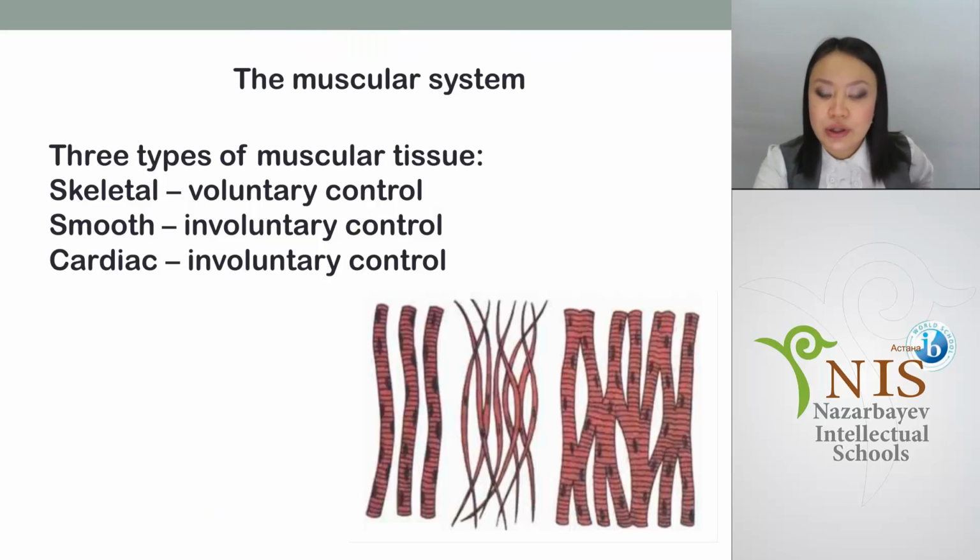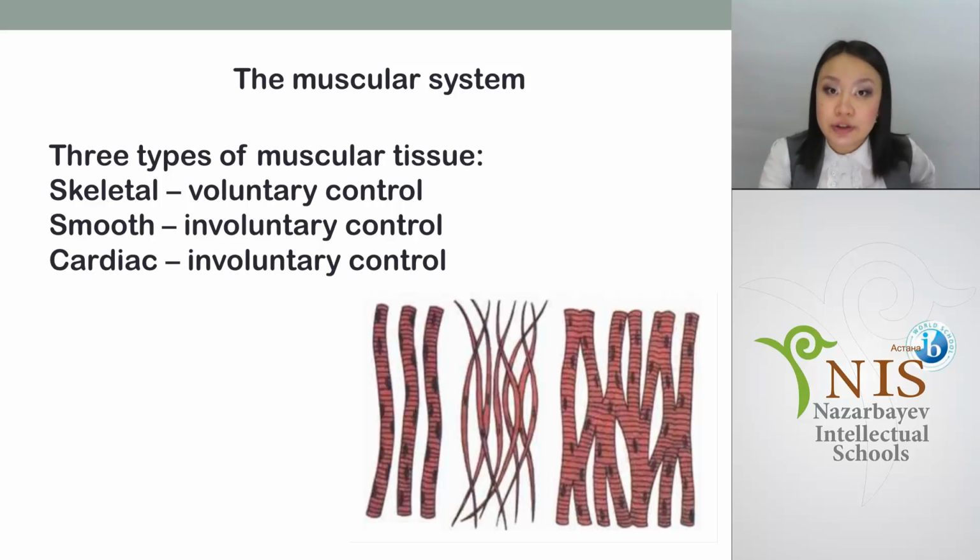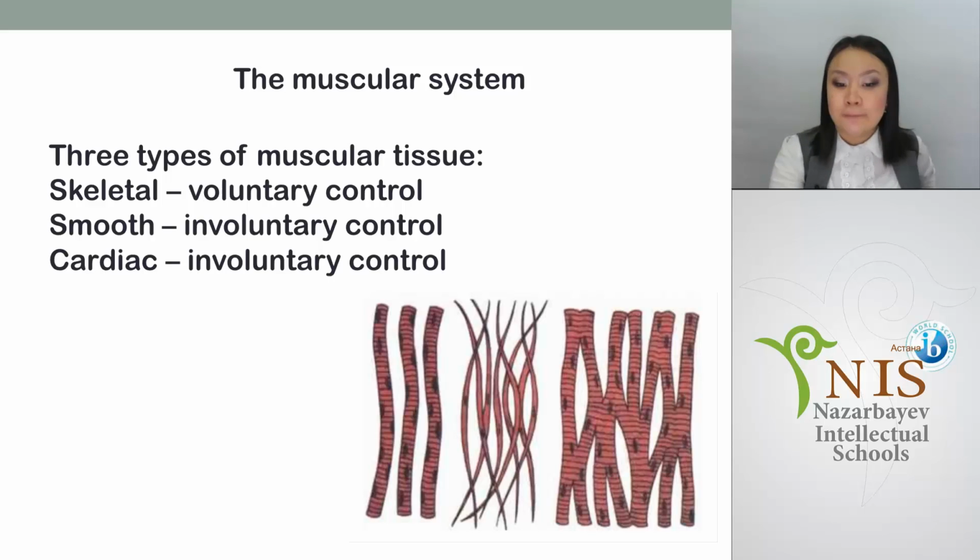Structure of muscle fibers. First, I would like to stop on the difference between these three types of muscular tissue. First, skeletal muscle. It has more than 2 or 3 nuclei, and it has lots of mitochondria in it.